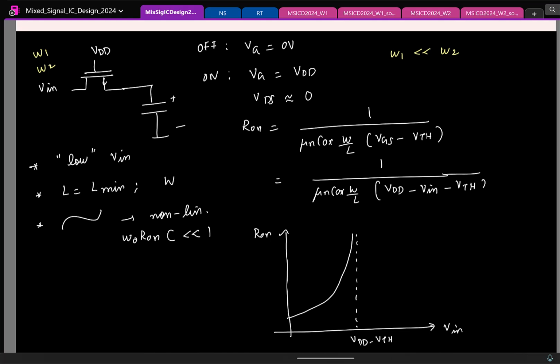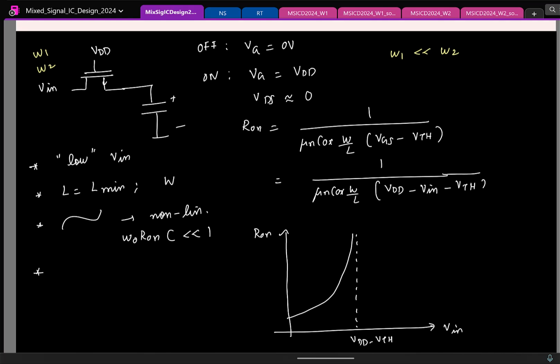So it works well as long as your input frequency is also small. But let us say you want to sample faster and faster, which is what you essentially want in practice. My sampling speed increases, which means the omega naught also will increase. So in that case, to keep the same level of linearity as for a smaller speed, how should I choose the on resistance? I should reduce it further.